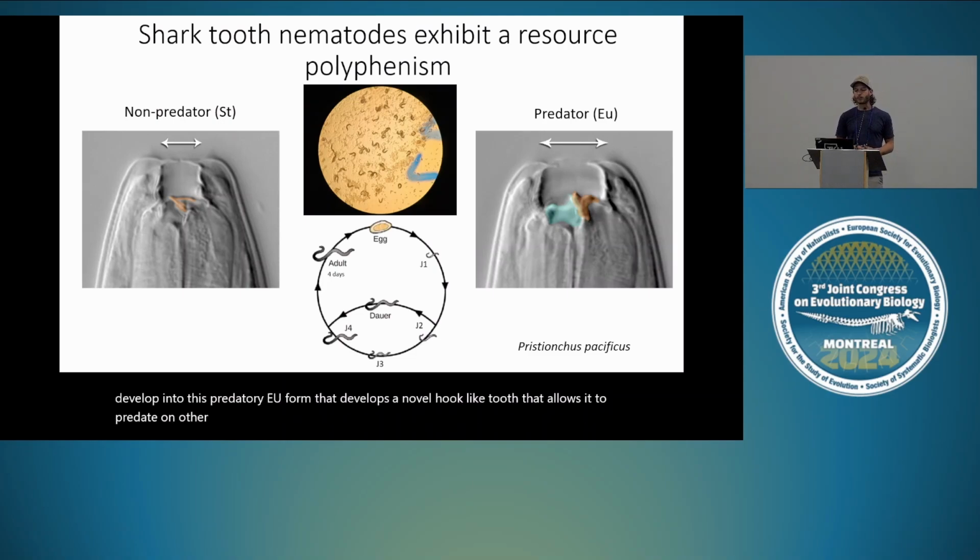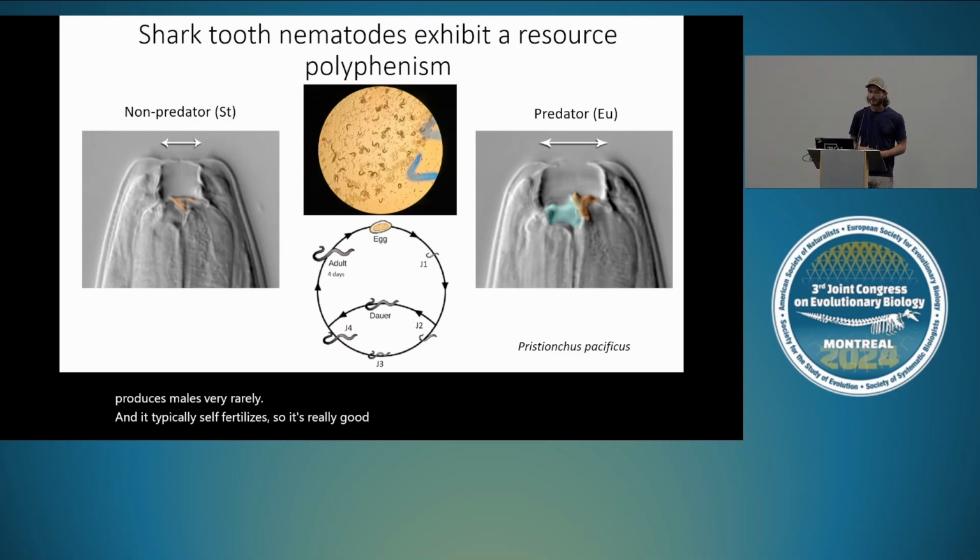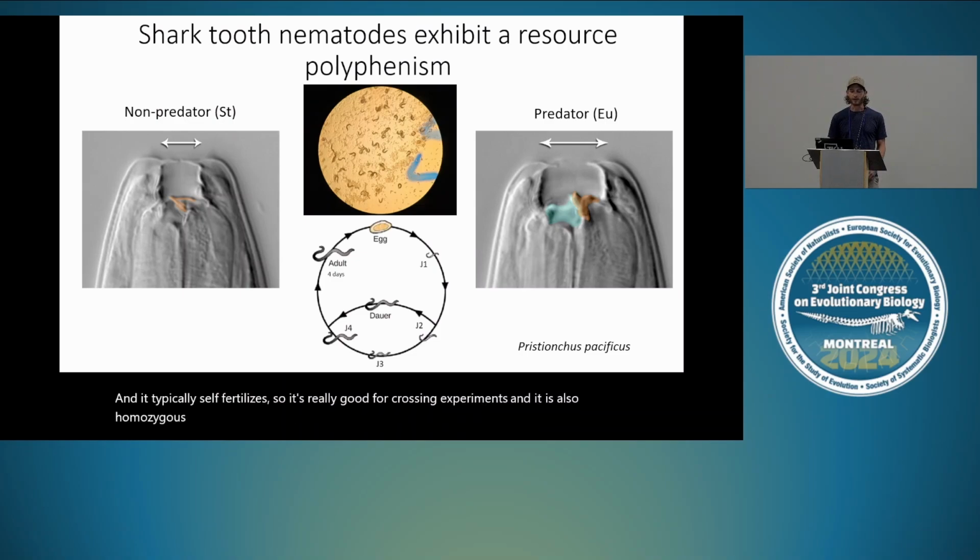This species is really cool because it's mostly hermaphroditic. It produces males very rarely, and it typically self-fertilizes, so it's really good for crossing experiments. And it is also homozygous across its genome for all alleles, so we can control for the genetic background.